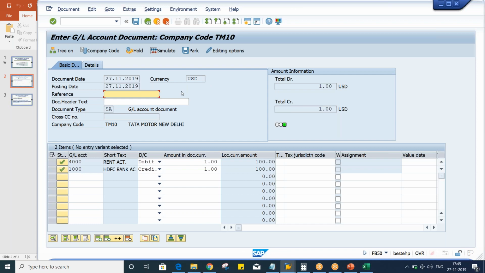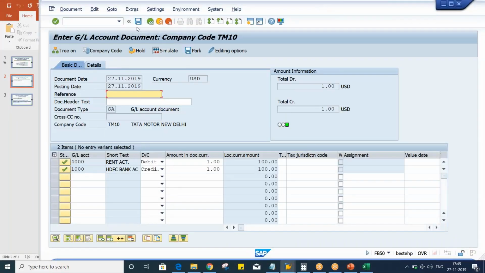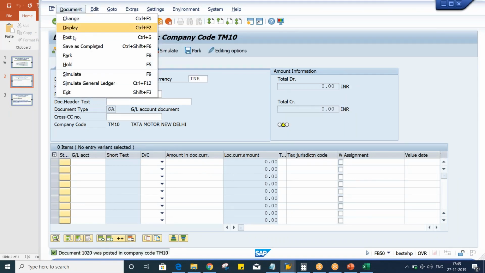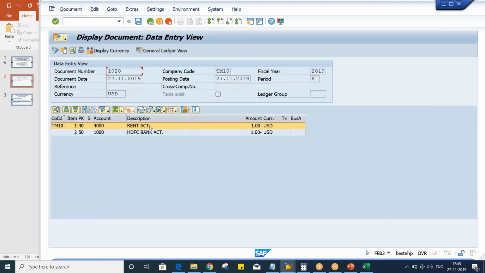Okay, so everything is fine. Now just post it. Now we are going to have a look, display, and check 1 USD. If you display the currency, here it is showing.